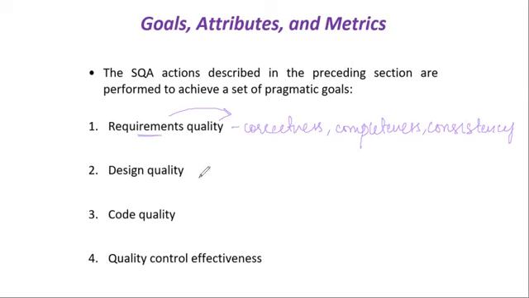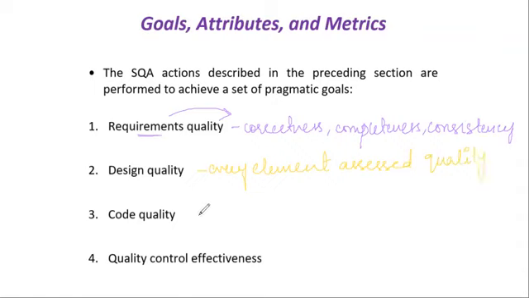So the software quality assurance team is going to look at each and every attribute of the design so that they achieve the high quality. Every element is assessed for quality.